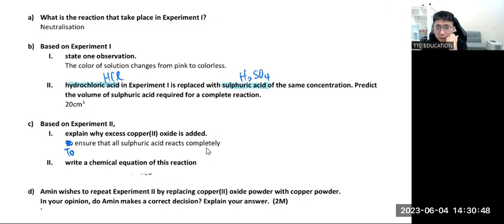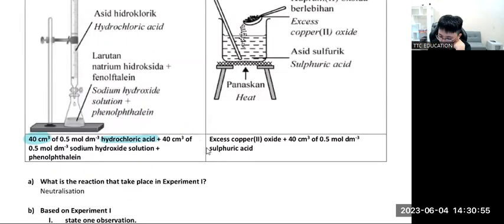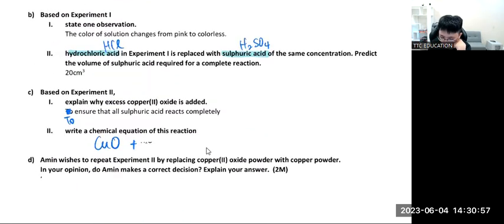Okay, write the chemical equation. Copper 2 oxide is supposed to be CuO. Copper 2 oxide, CuO, plus sulfuric acid, H2SO4. Come, give me the products formed.